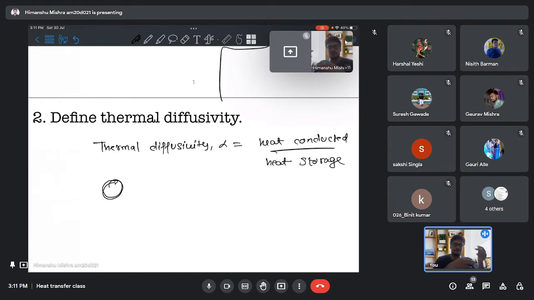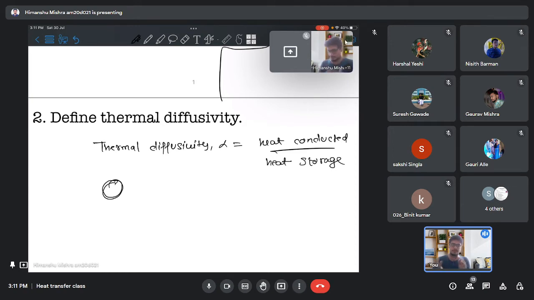The conduction of heat is governed by Fourier's law, but the storage of the heat is explained through its material property. For example, the heat storage can be defined as the amount of heat it can absorb to increase the temperature by 1 degree Celsius. Whereas there is a property which we already discussed, the heat conduction due to Fourier's law.